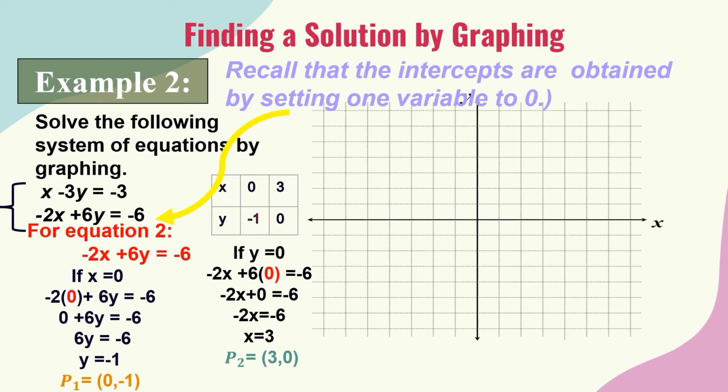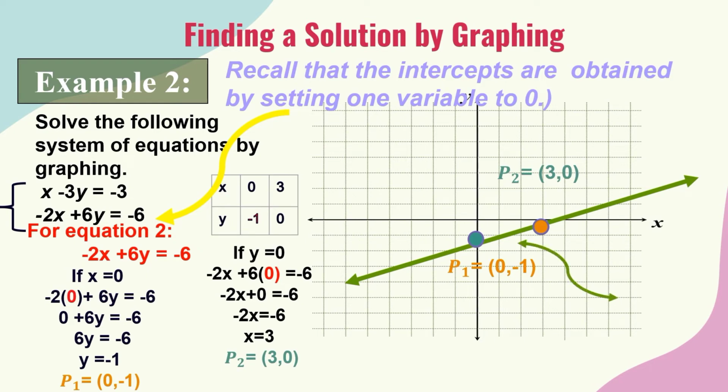Now, we are ready to plot the points, wherein we have point 1 as (0, negative 1), point 2 as (3, 0), and connecting the points, we have this line for the equation negative 2x plus 6y equals negative 6.